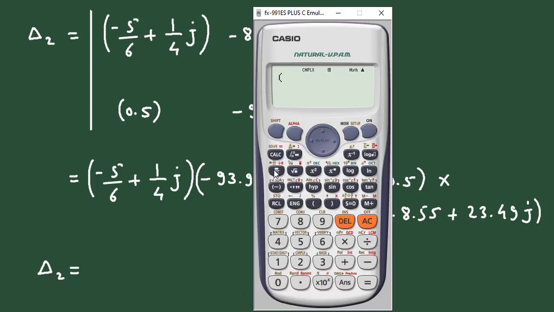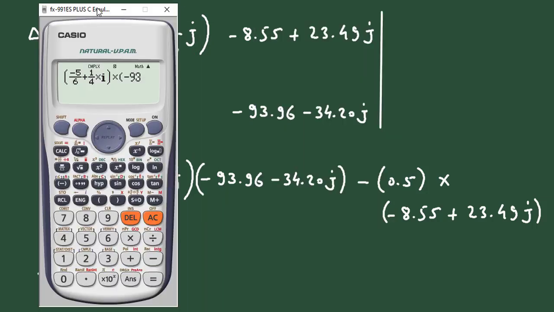So let's solve this in calculator. Minus 5 by 6 plus 1 upon 4 into j, then multiplied with minus 93.96 minus 34.20 into j, minus 0.5 multiplied with minus 8.55 plus 23.49 into j.